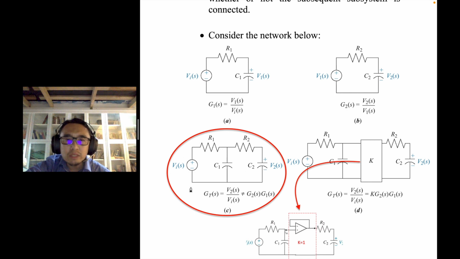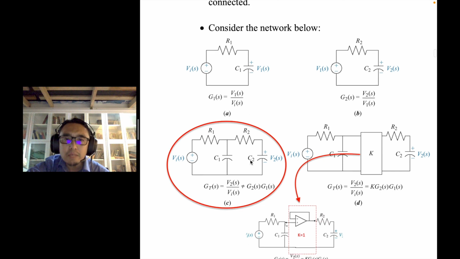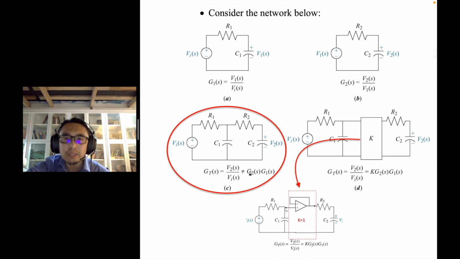The first circuit will load the second one, and the output V2 over Vi does not equal G1 times G2. So although you connect the circuits in series or in cascade form, in the sense of a block diagram, it doesn't happen as a series multiplication.